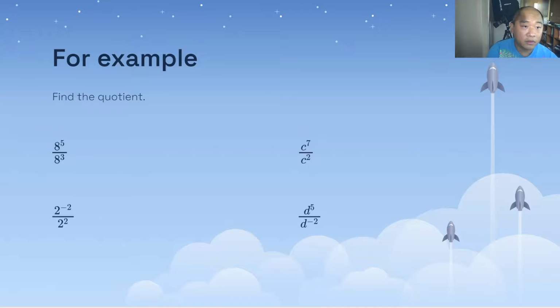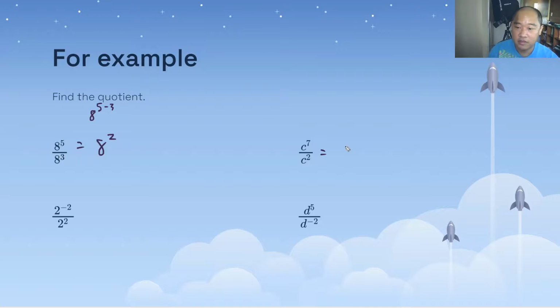So remember that division could also look like a fraction, right? So this is the same thing as 8 to the 5th divided by 8 to the 3rd. And remember, division is the same thing as subtracting exponents. So this is 8 to the 5 minus 3, which is 8 squared.